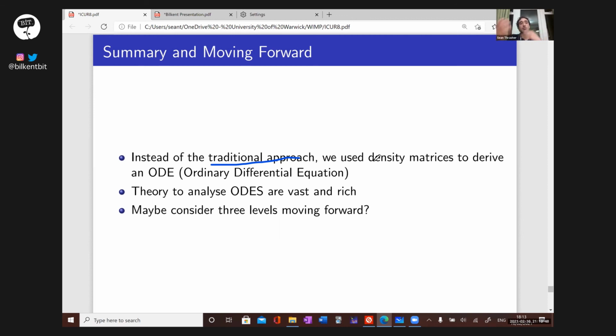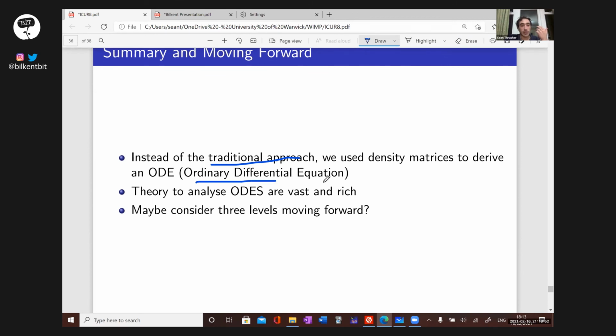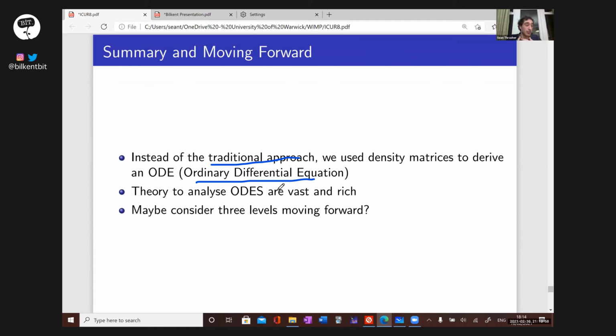You can use this formalism to derive a set of ordinary differential equations, and the theory for ordinary differential equations is very vast and rich. So you could maybe take it forward with ideas of Laplace transforms and whatnot. And I think there are a lot of very interesting opportunities to mathematically treat this problem.